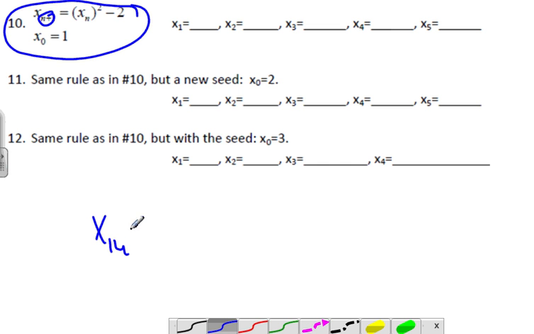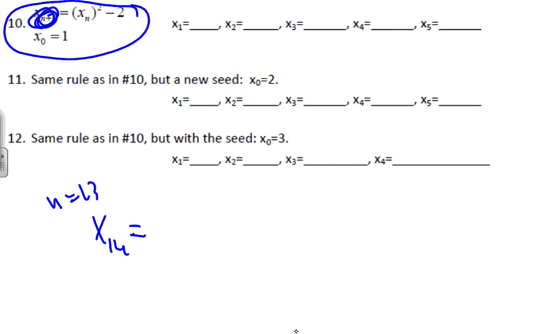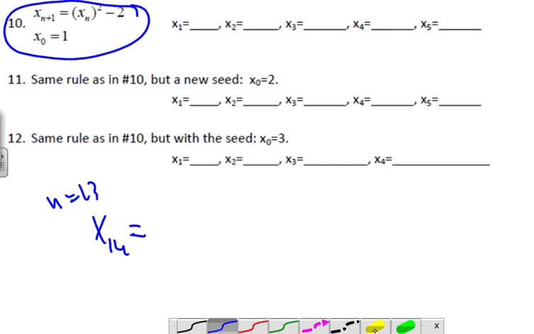And that would be saying that the 14th term is the 13th term squared minus 2. Now this problem isn't asking for the 14th term, but if it was, it would happen when n was 13, and n plus 1 would be 14.